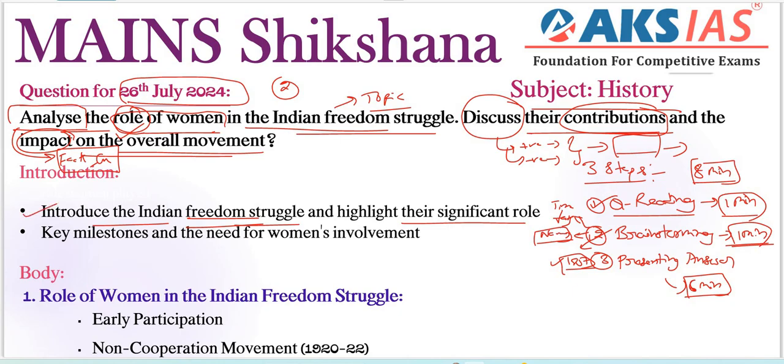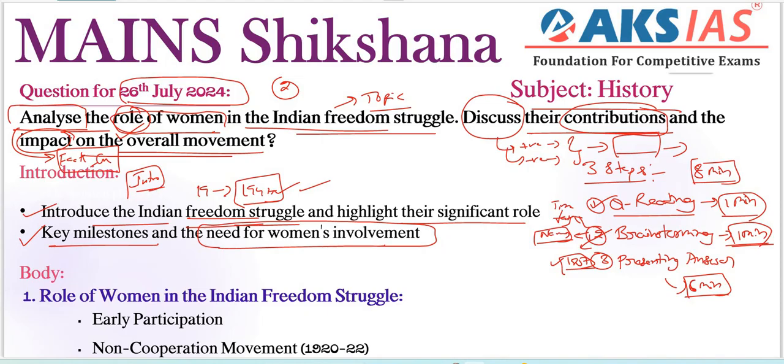From the early 19th century to eventual independence in 1947, women from diverse backgrounds stepped forward to challenge colonial rule, right? We need to include these types of sentences, and also key milestones and the need for women's involvement also, right? So we need to include this type of information in the introduction part. That is the important case.